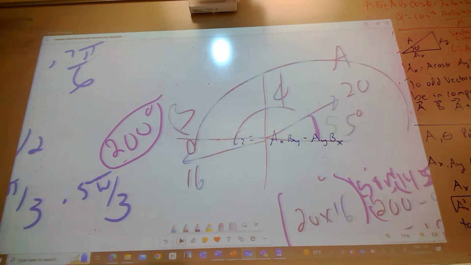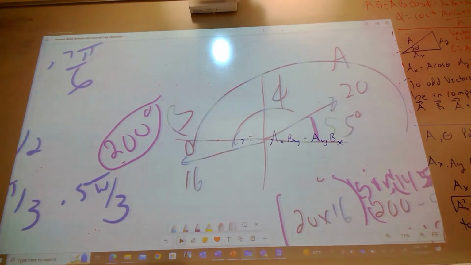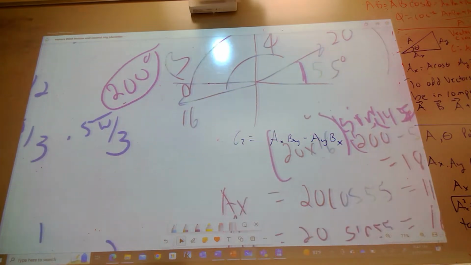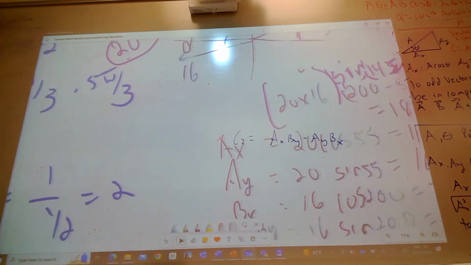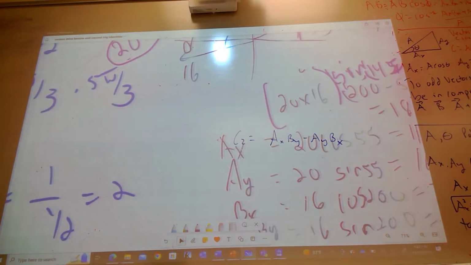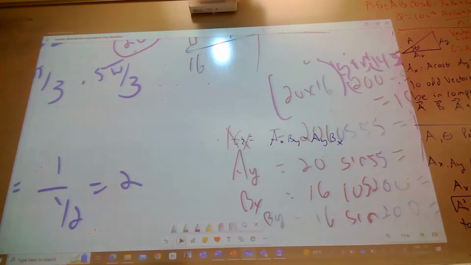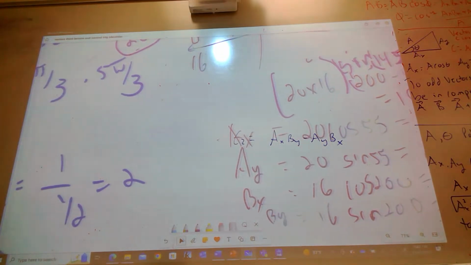So what angle should we use? You could use positive 20 and put the negatives in. Yeah. But what angle should we use so the calculator puts the negatives in? 200. Okay, so 16 cosine 200, 16 sine 200, your calculator will put the negatives in. If you want to use 20, you put the negatives in. You could use negative 20, but then you'd have to understand that you have one negative, one positive there.